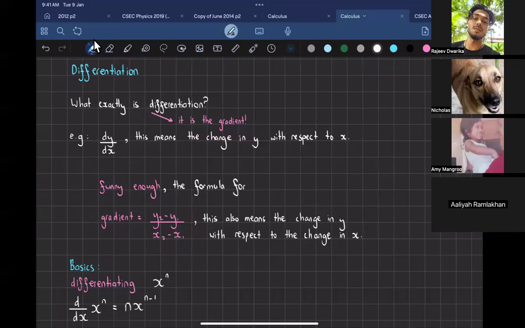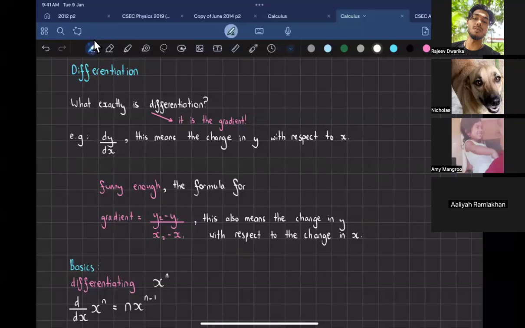You catch? Yeah, I kind of understand. So if I differentiate 5x, what will it be? 5. Right. If I differentiate 2, the answer will be 0.